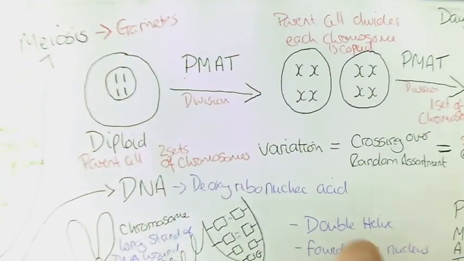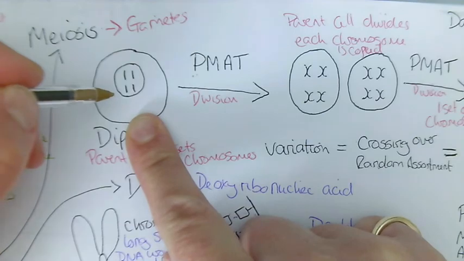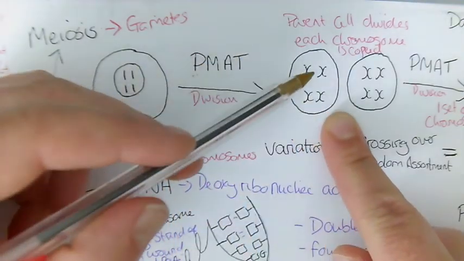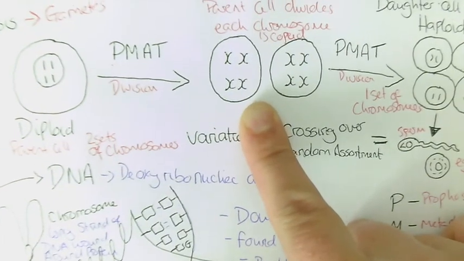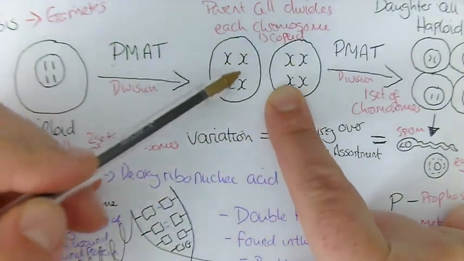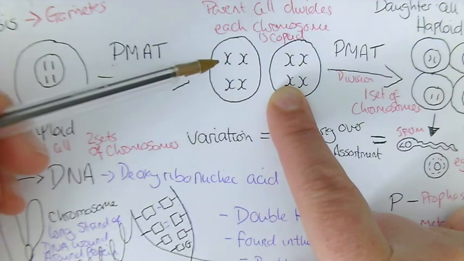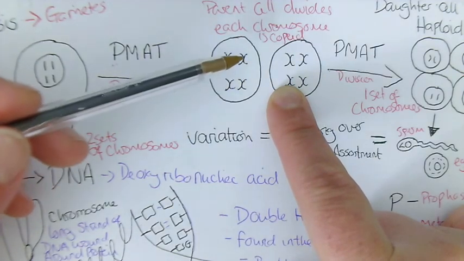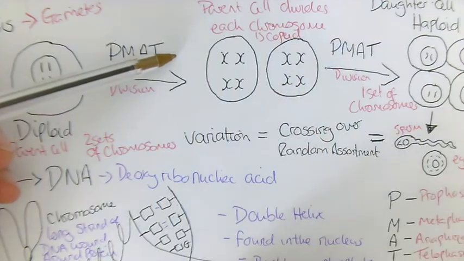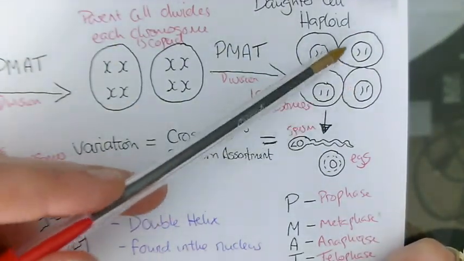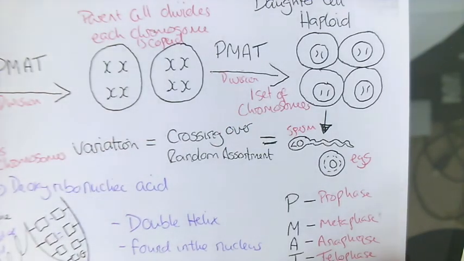So really quickly then, if we have a parent cell, that copies and divides itself into 2 duplicate cells. It's got exactly the same as the first cell, but it's got 2 copies. It then duplicates its chromosomes again and splits into 4 with half the number of chromosomes.